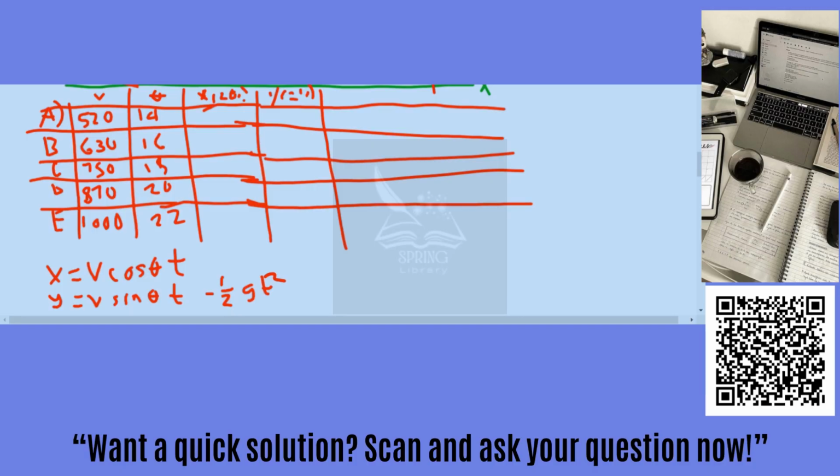I'm also going to divide by 1,000 so that I can state everything in kilometers. Putting that into my calculator now.